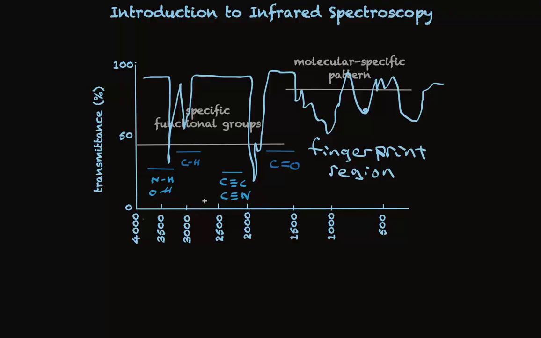If there's no absorption in any one of these particular regions, or several of them, those functional groups are absent. If there is absorption, those functional groups are present. And then, of course, we have the fingerprint region, a complicated pattern that is molecule-specific, that lets you, like fingerprints for people, say yes or no to whether two samples have the same structure or not.